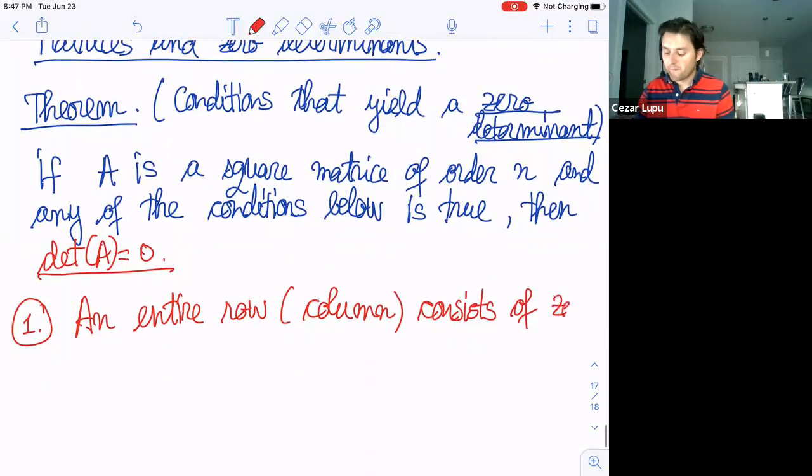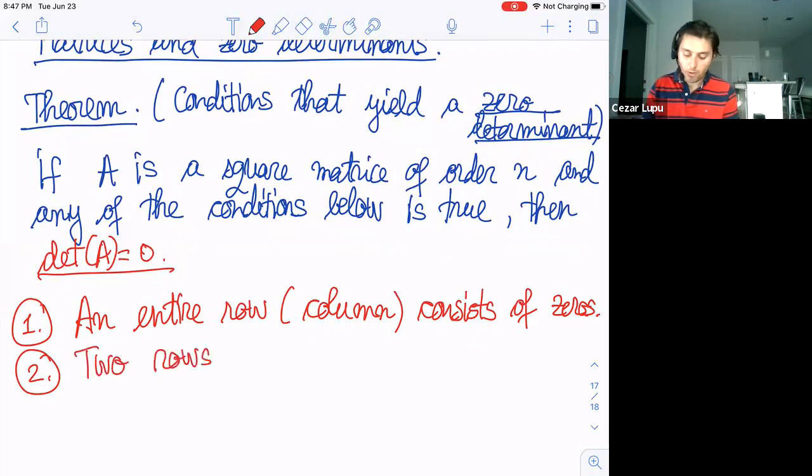So if I have a row or a column which is 0, forget about it. The determinant will be 0. Another one: 2 rows or columns are equal.